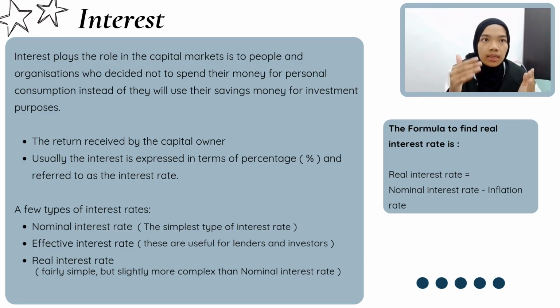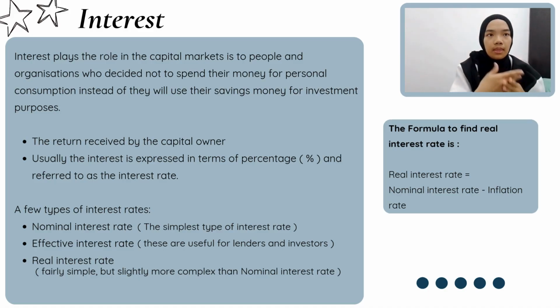In addition, there are a few types of interest rates such as the nominal interest rate, real interest rate, and effective interest rate. Besides that, the nominal interest rate is the simplest type of interest rate.